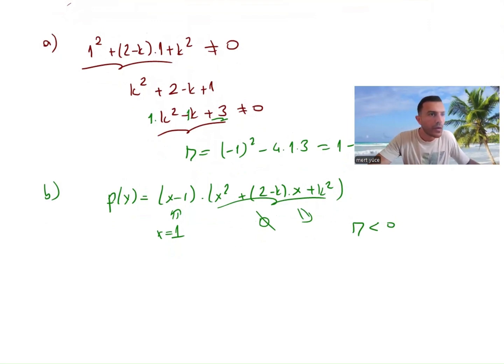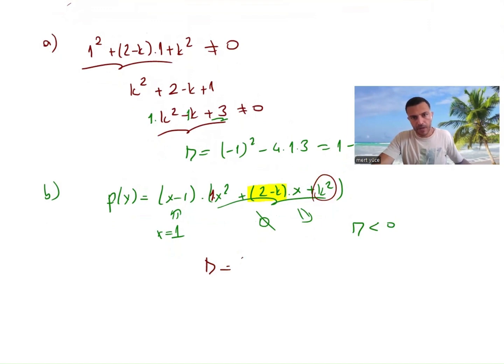So how we're going to check for the discriminant here? We already know that the coefficient of this expression, which is the leading coefficient, is 1, and the coefficient of the x is 2 minus k, and the constant here is k squared. So delta is 2 minus k squared minus 4 times 1 times k squared.